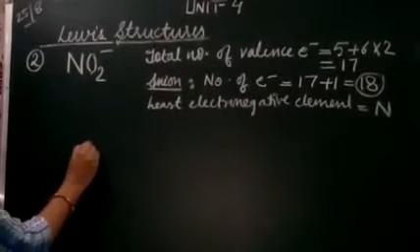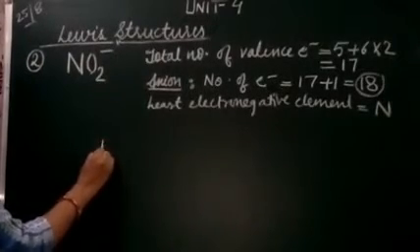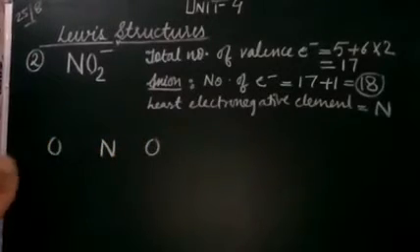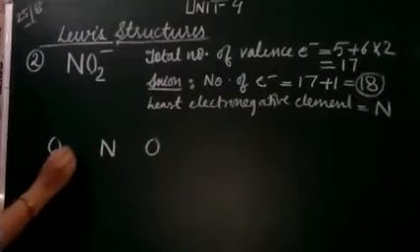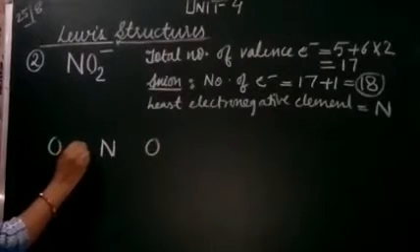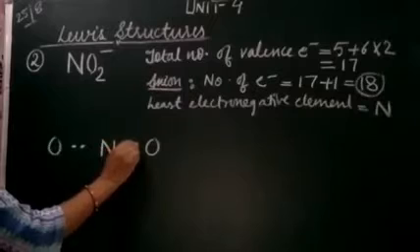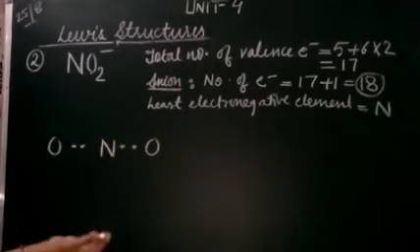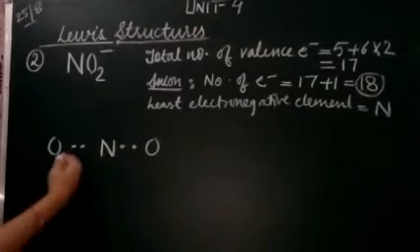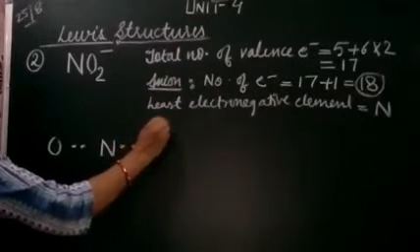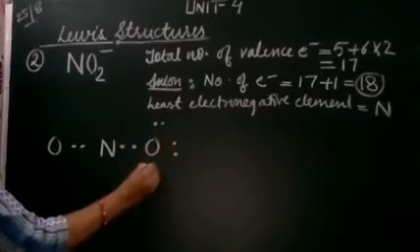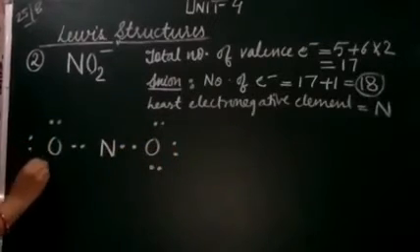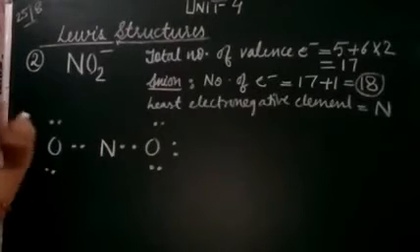You will put the nitrogen at the center and the oxygens around it. First you will show the single bonds by 4 electrons, holding these 2 atoms with the nitrogen, so 4, then the remaining 5, 6, 7, 8, 9, 10, 11, 12, 13, 14, 15, 16, 17 and 18.